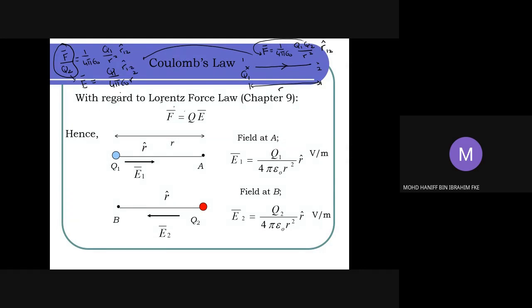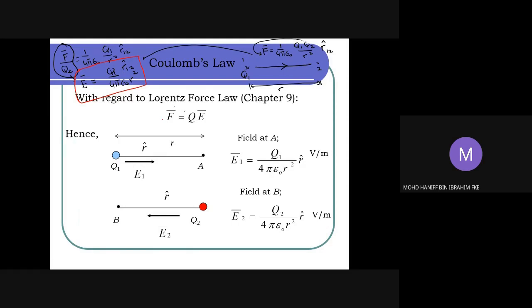Based on the equation we have formulated here in the rectangular box, we can say that the E field induced by a single point charge can be calculated if we know the distance from the point charge to the intended location, and the unit vector from the point charge to this intended location.